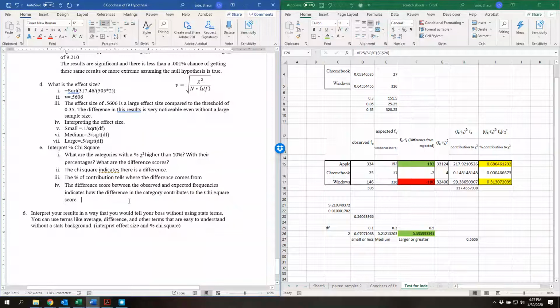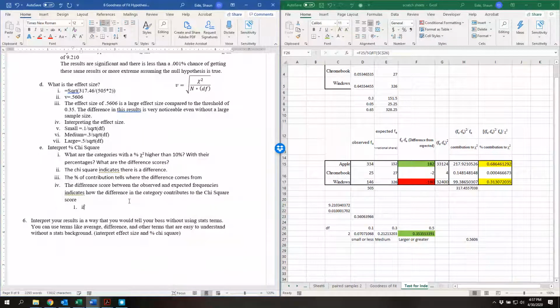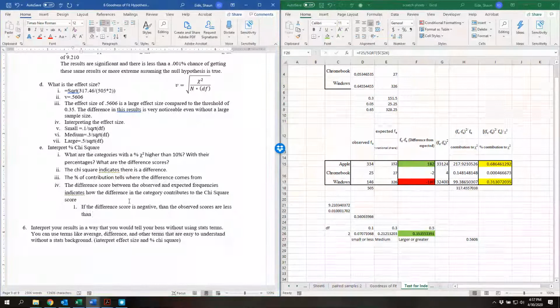So in other words, if the difference score is lower or is negative, then the observed scores are less than what was expected.